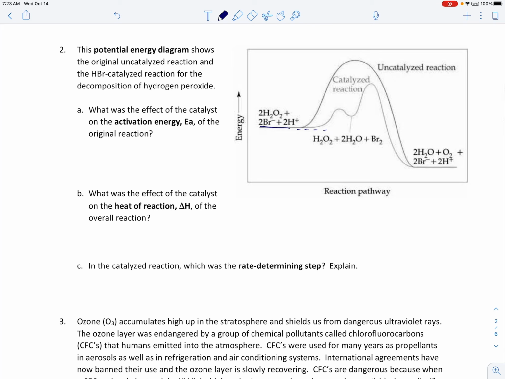If you compare that to here, we can see, I'll trace this now with my pen. The original reaction now follows this two-step process, and that is the catalyzed process. So what was the effect of the catalyst on the activation energy? Pause the video and answer that.